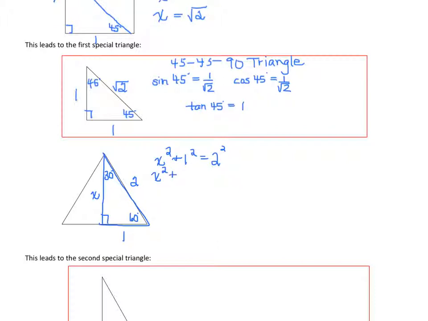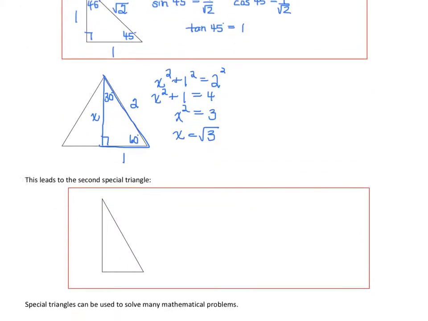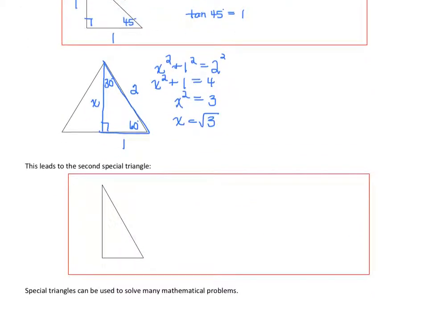If we simplify that, it would be x squared plus 1 equals 4, which tells us x squared equals 3. So x is equal to the square root of 3. And now I have the second of our two special triangles, the 30, 60, 90 triangle.